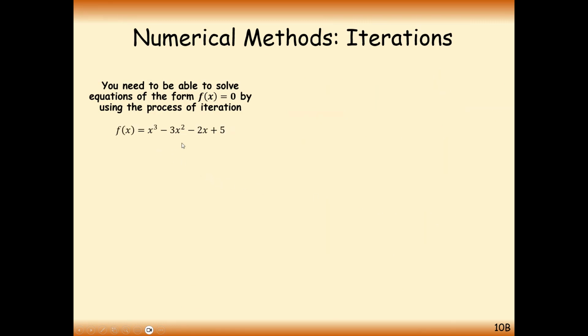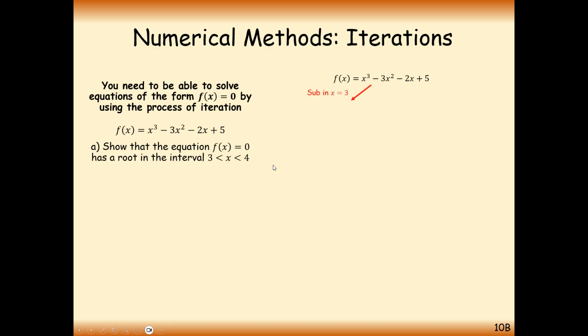In this cubic polynomial, we are to show that one of the roots lies between 3 and 4, in the interval of 3 and 4. To show that the root lies within this interval, all you have to do is show a change of sign in the function itself.